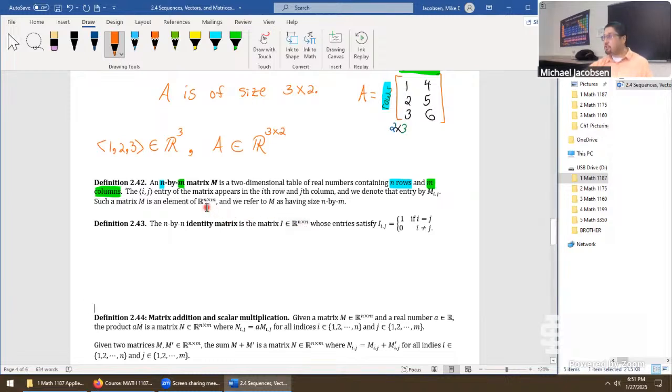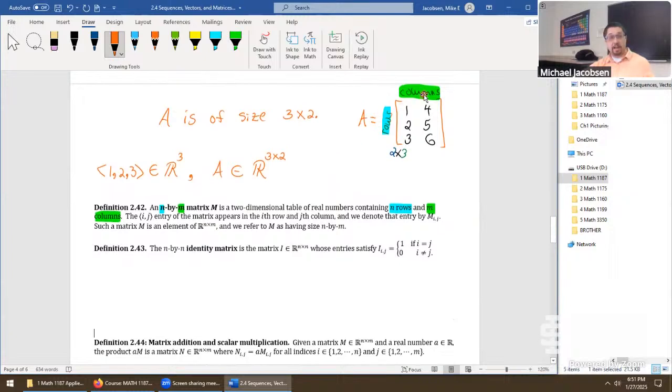N by M allowed us to have a different number of rows and a different number of columns. But when you say N by N, we're referring to square matrices only. So an identity matrix cannot have more rows than columns or vice versa. And that's what the R N by N is saying already.